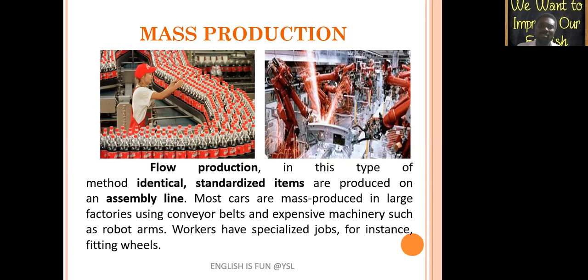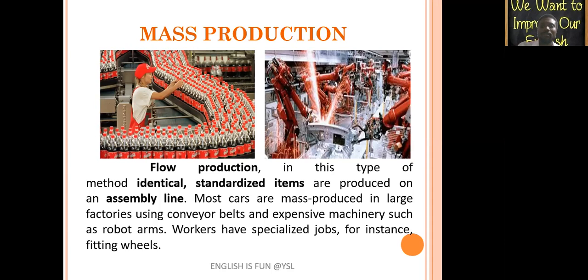Another item that can be made in this form would also be water. The bottling companies, the car industries, even the telephone industries, make large quantities of cell phones at the same time.